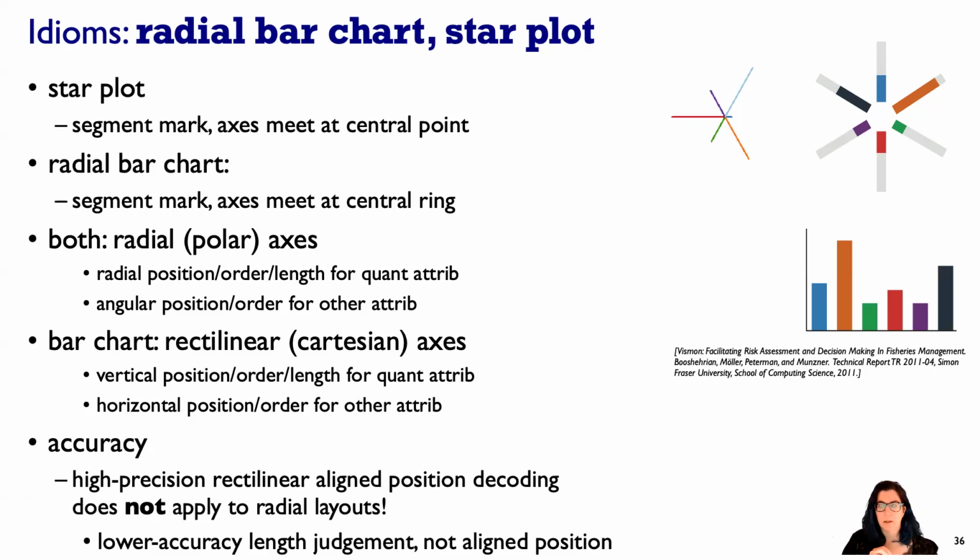Even though they're mathematically equivalent, they're not perceptually equivalent. Our ability to just judge lengths that are pointing any which way, we could think of them as being radially on a radial axis, but our visual system can't do that in the same way. So we're really stuck with just making length judgments. We're not able to decode things at that same level of accuracy that we could with the rectilinear.